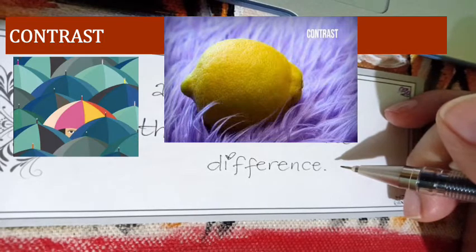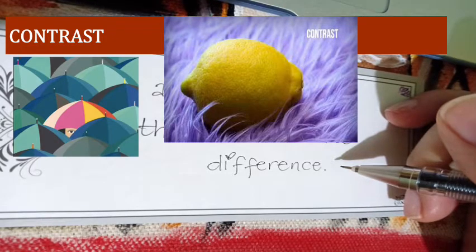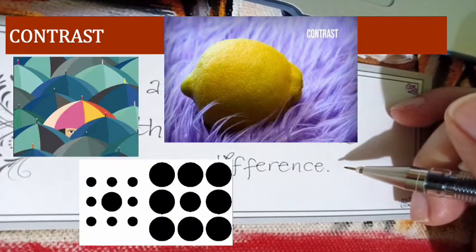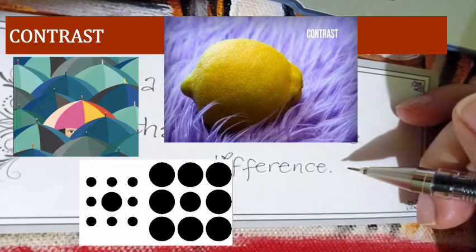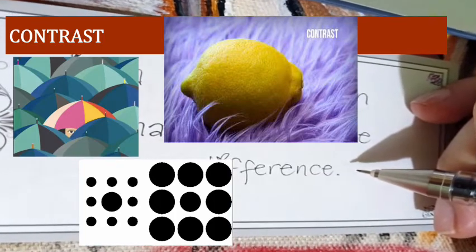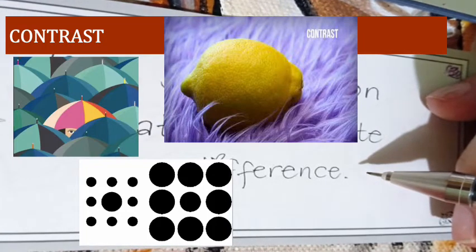The artist decided to use color also. We could also use size to accentuate a difference. Here, the artist uses particular sizes in order to accentuate the difference among the objects in the composition.